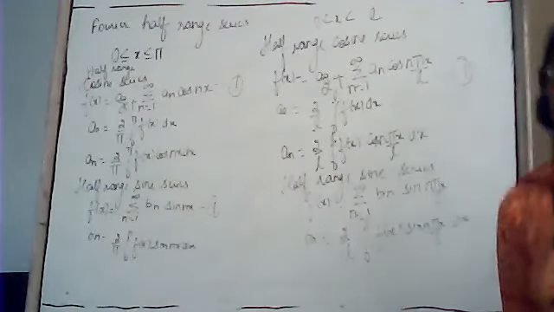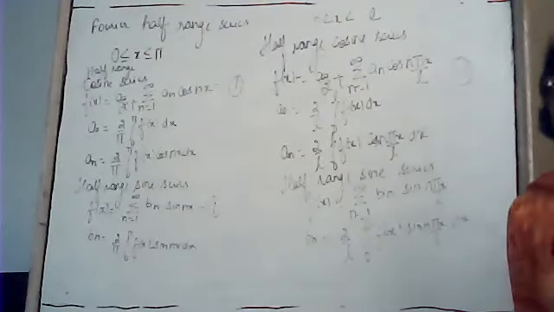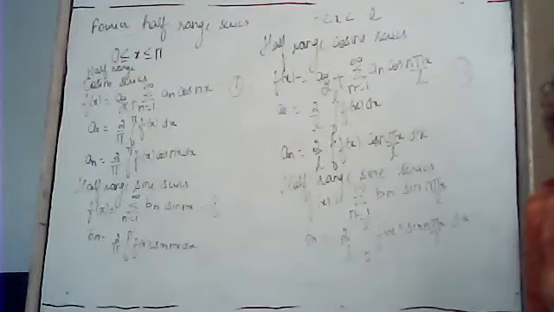So this is the Fourier half range sine series and Fourier half range cosine series in two intervals. One was from 0 to pi and the second is from 0 to L.